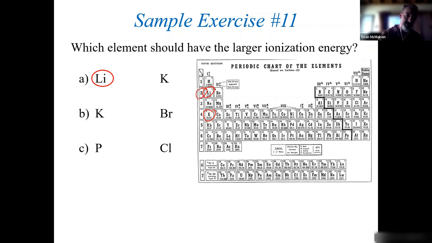So what about between potassium and bromine? Well, they're in the same shell, but bromine's further to the right. It has more protons for that shell compared to potassium. We haven't talked about this yet, but just to let you know, nonmetals don't like losing electrons.